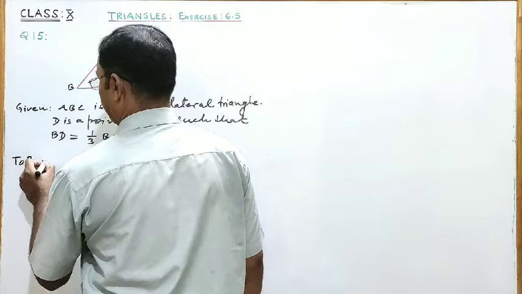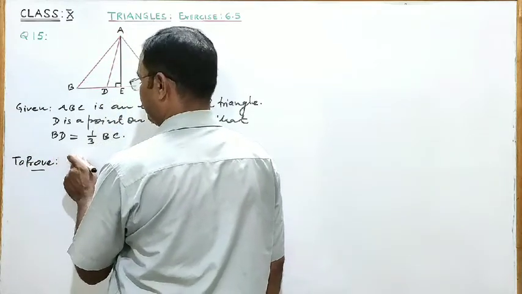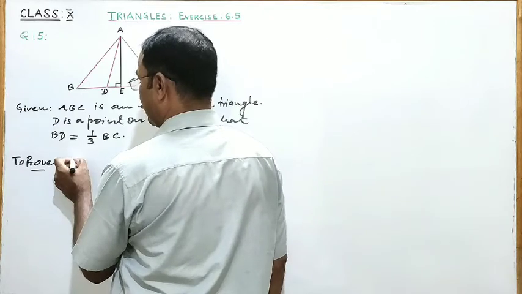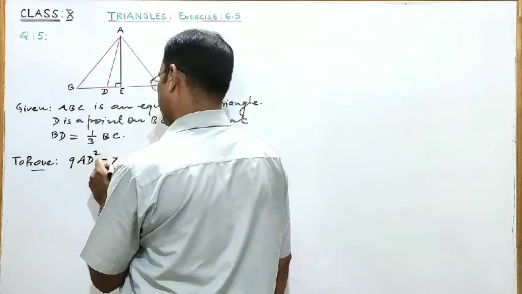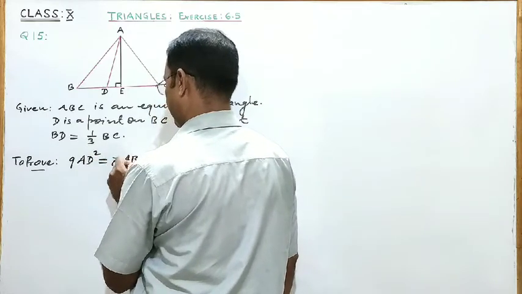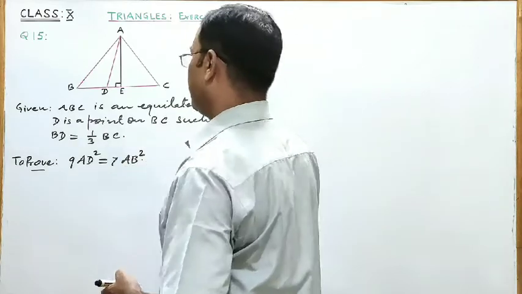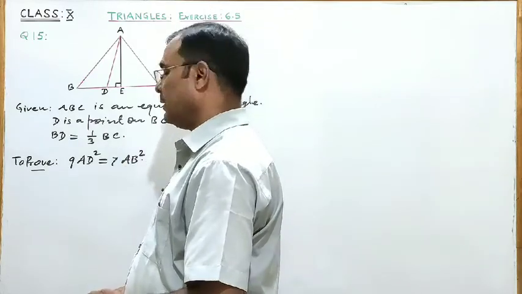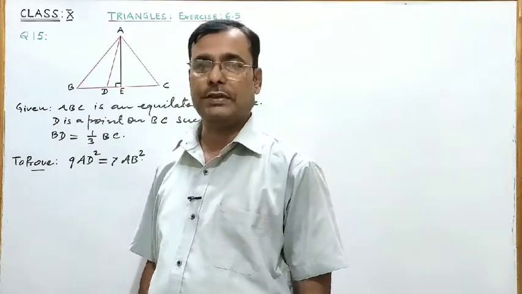To prove, we have to prove that 9AD square is equal to 7AB square.